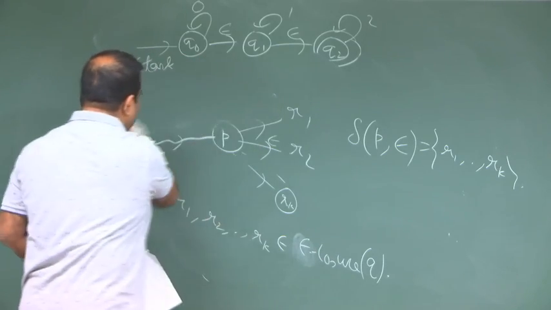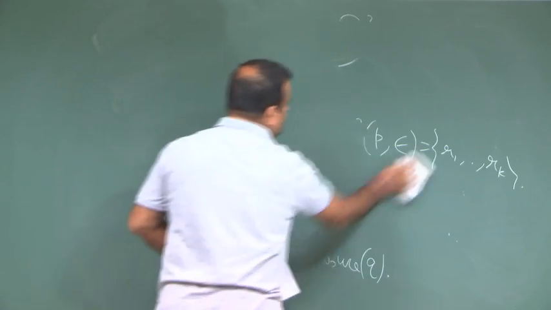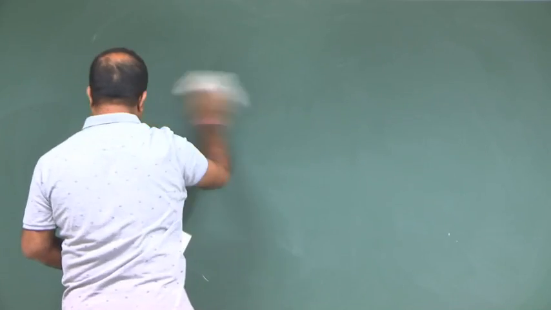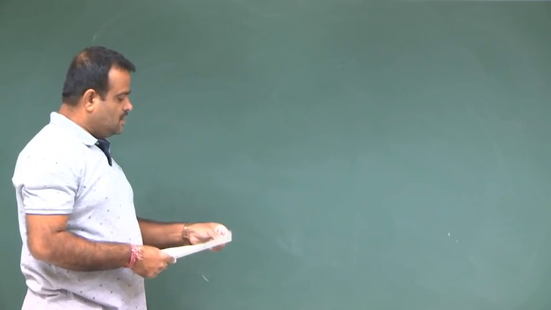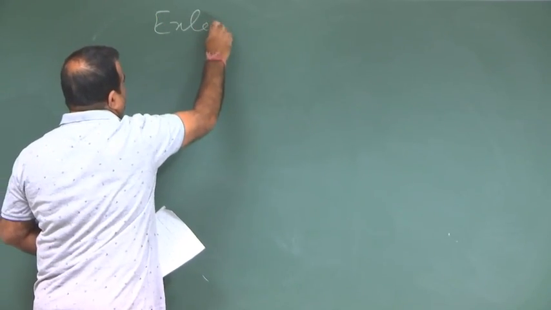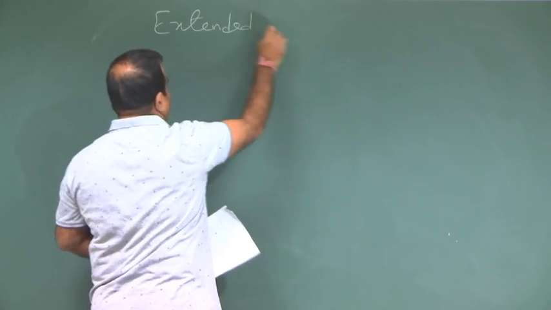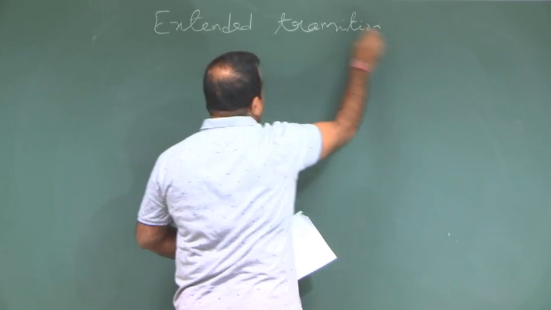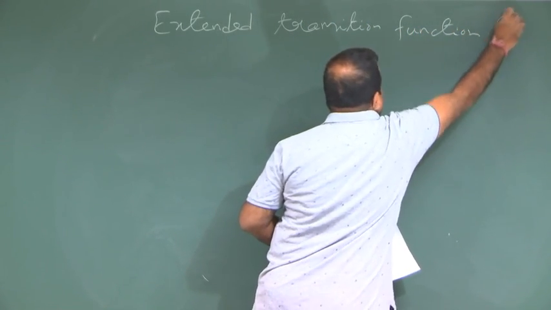Now with the help of this we extend delta to delta hat, the extended transition function. That is called delta hat.